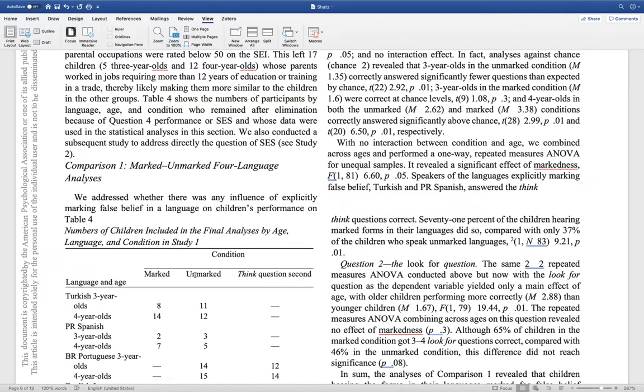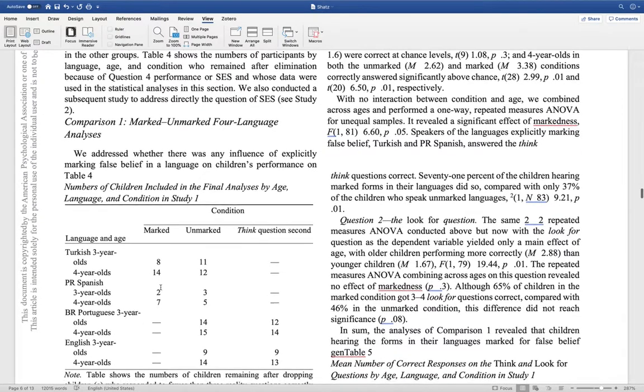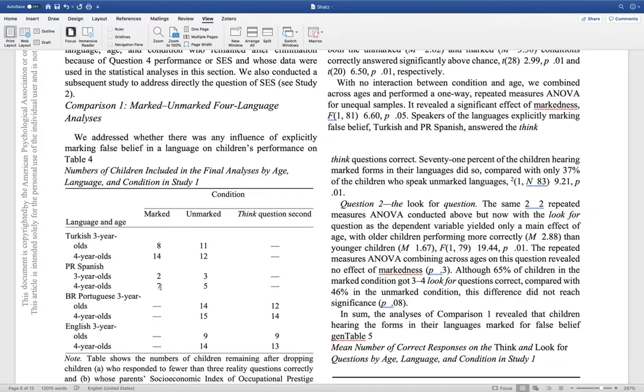Comparison 1, marked for language analysis. Okay. So this is the question: marked or unmarked for language analysis. We address whether there was any influence of explicitly marking false beliefs in a language on children's performance on table 4.